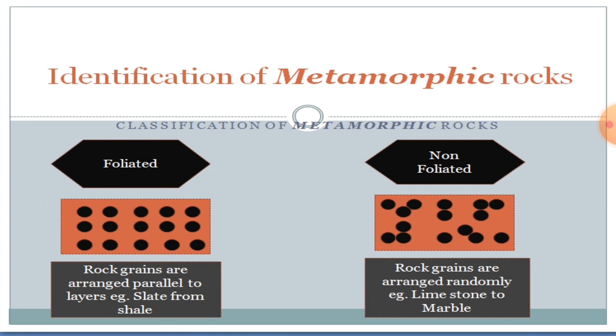For example, shale is changed into slate after the metamorphosis, and the layered structure of the slate is seen. Non-foliated rocks are those in which the crystal grains are arranged randomly to the layers of the rock. For example, limestone after metamorphosis is changed into marble. Here we see no layer in these rocks.